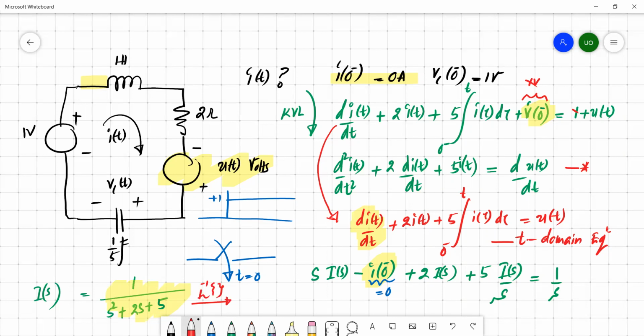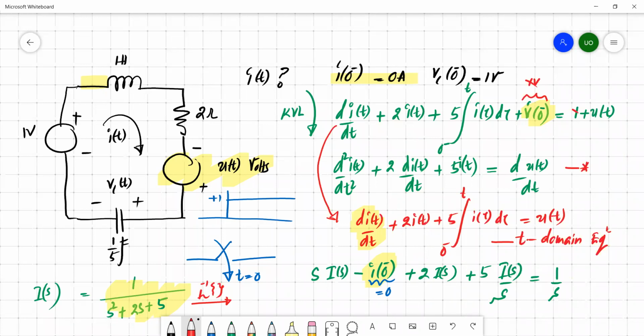Without solving the entire equation in the time domain, in the middle you can convert it to the S domain and solve it there, and at the end of the day convert it back to the time domain. That would be a feasible approach.